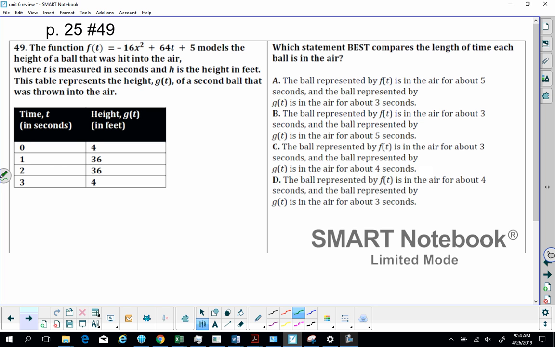All right, so for this one, again, I see a word problem. So I'm definitely going to go ahead and highlight my function. Ding, ding, ding, I found it. Okay, so from here, it's asking about the time that the ball is in the air. So again, you're going to do the same thing where you're looking for your zeros.